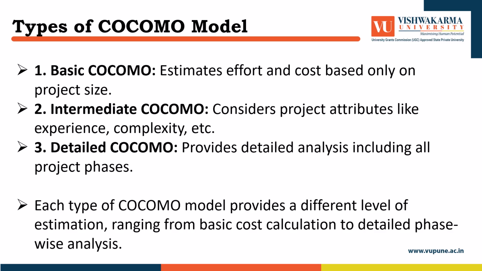Third, detailed COCOMO. This provides the most accurate estimation by breaking down the effort across each development phase, such as design, coding, testing. It's useful for large and complex projects. Each type of COCOMO model provides a different level of estimation, ranging from basic cost calculation to detailed phase-wise analysis.